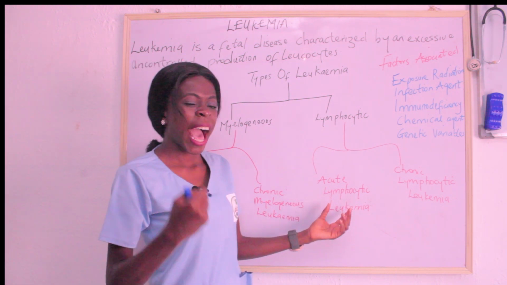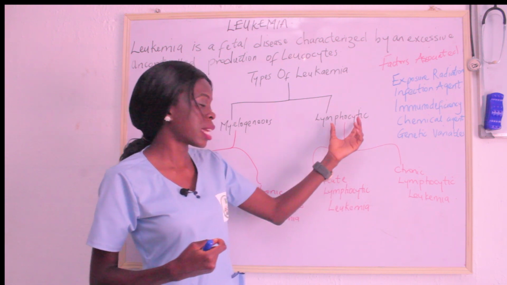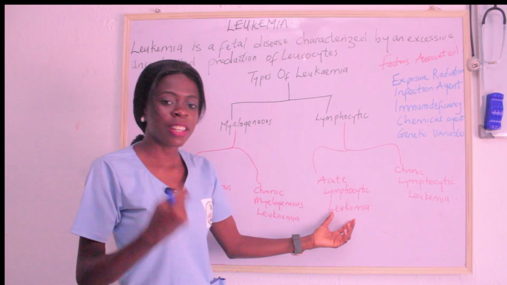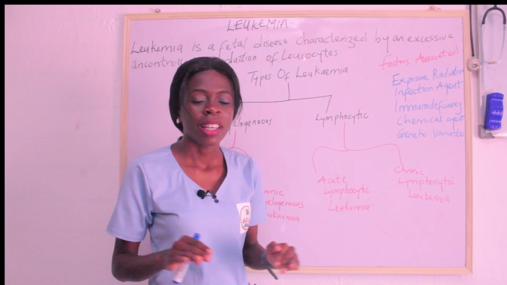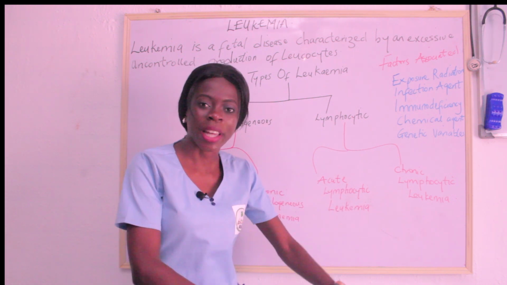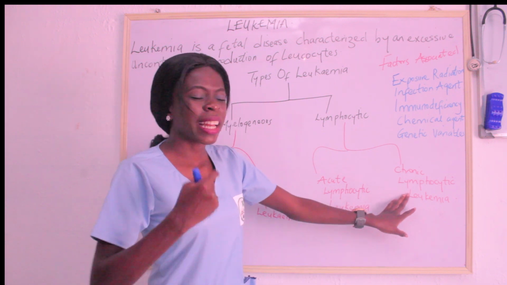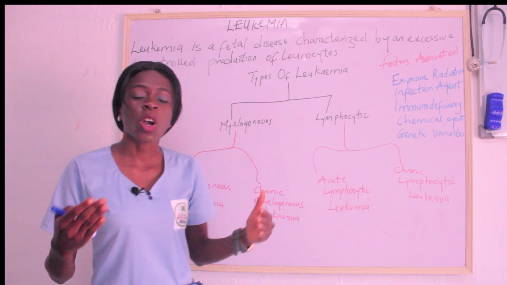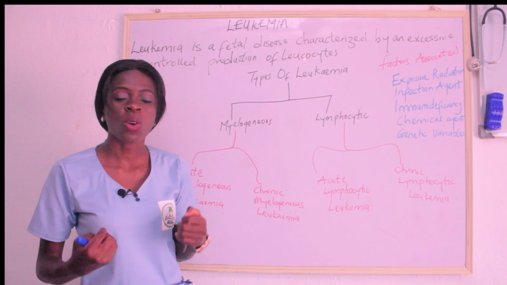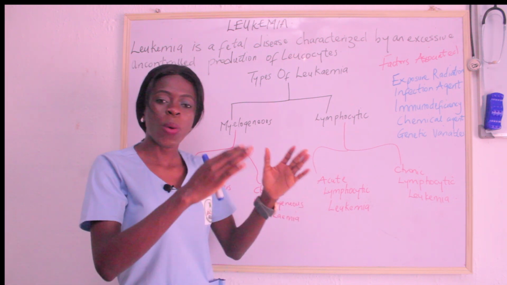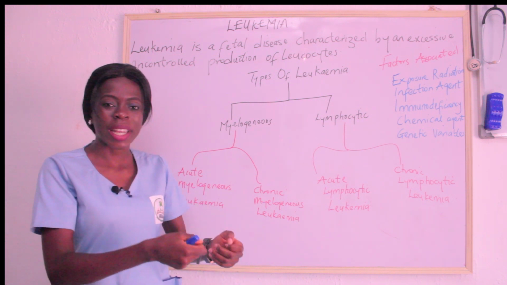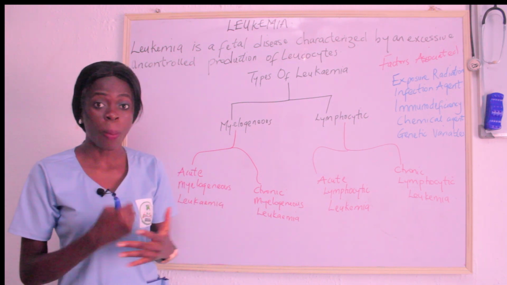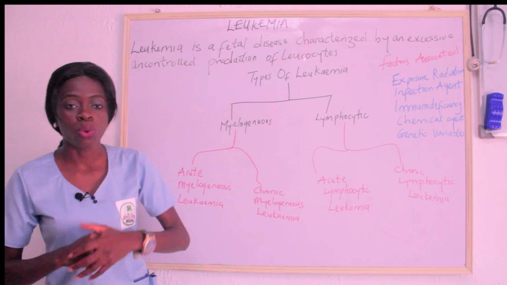Then acute lymphocytic leukemia is common in children, and it occurs what? Quickly. Then chronic lymphocytic leukemia is common in adults, and it occurs slowly. So whenever you hear acute, quickly should come to your mind, and whenever you hear chronic, slowly should come to your mind. So those are the types of leukemia.